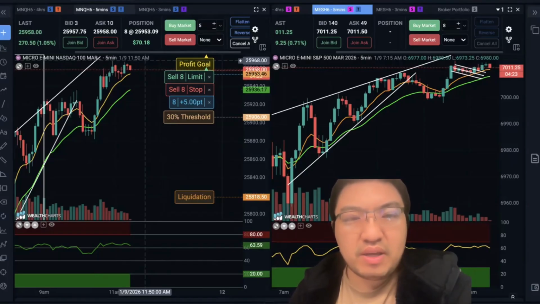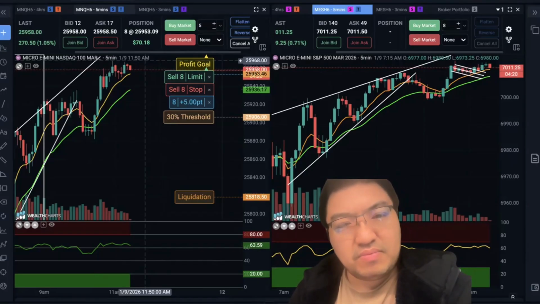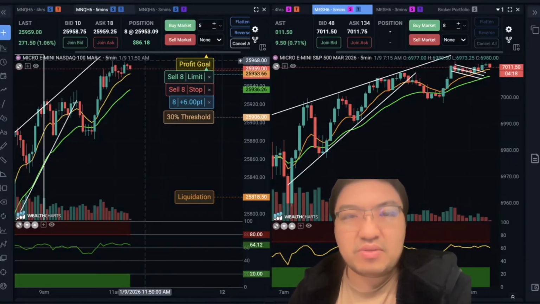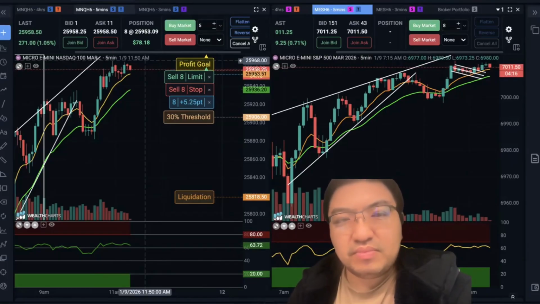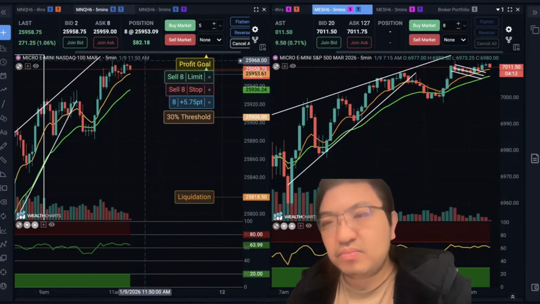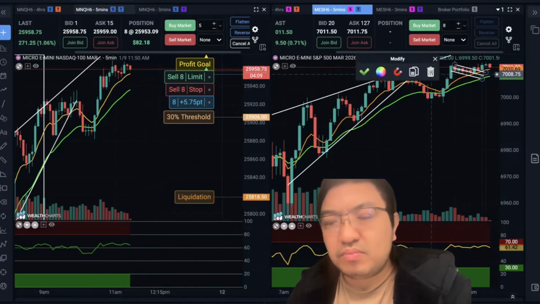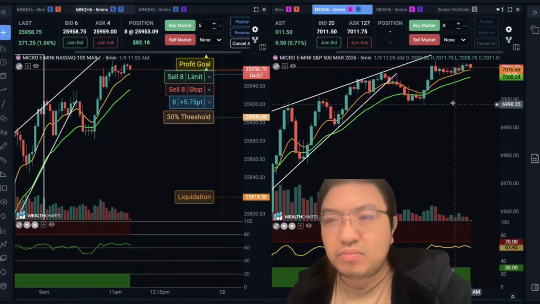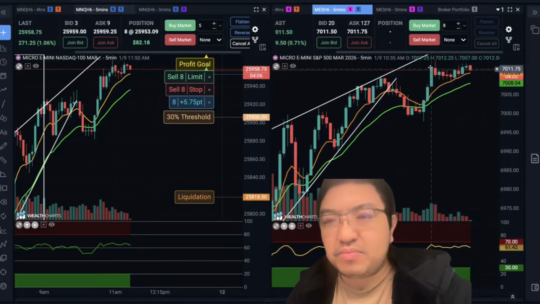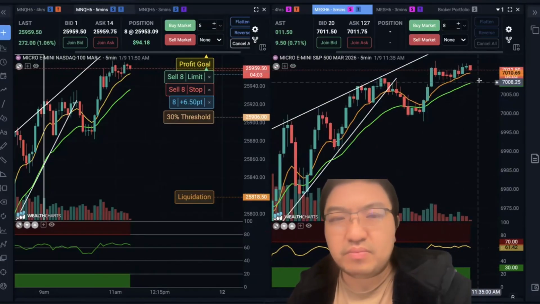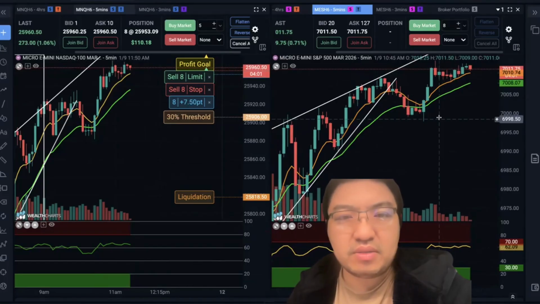That means it's sideways here. If I get kicked out, it's sideways. No trade area.